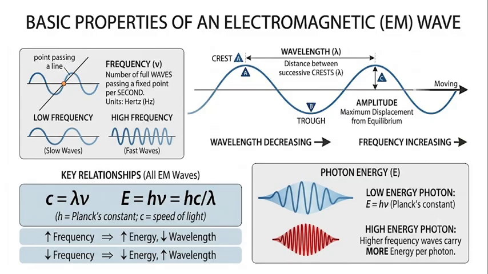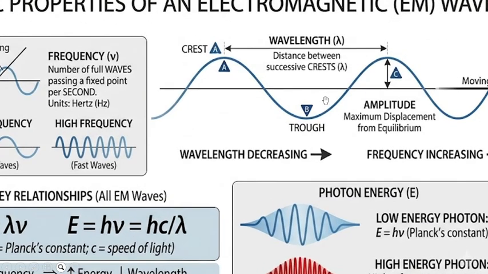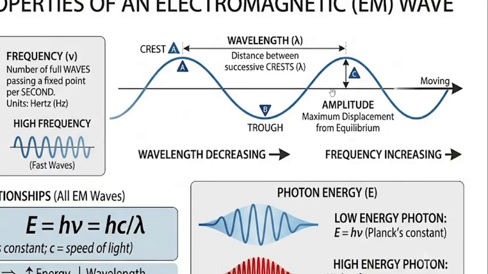You can see here the particular structure of an electromagnetic wave or electromagnetic radiation. The curve which is going upside is known as the crest, and the curve which is going downside is known as the trough.